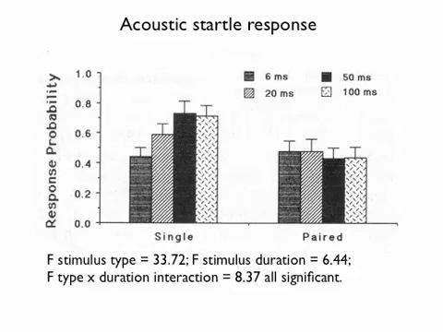Well, for paired stimuli, there really don't look like there are any effects of duration. 6, 20, 50, 100, these aren't really different from each other. So this is a case where we see an effect of duration only for single stimuli and not for paired. So that's another way that the effects of one factor, duration, can be different at different levels of the other factor, which is whether they were single or paired stimuli.